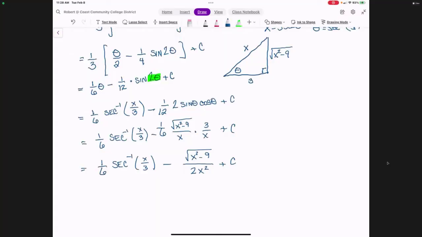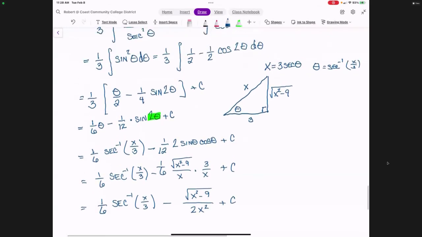So I had a question. Uh-huh. When you go back and put the thetas and get the x for the final answer, to figure that out, you used your substitution and then basically SOHCAHTOA and you drew a triangle. Yeah, and that's how you know how to substitute back in to get the final answer.